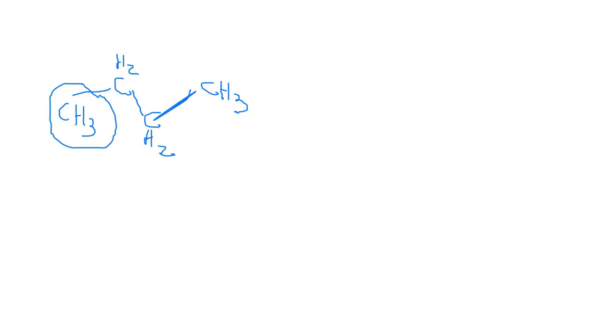Let me write this compound in a different way. Instead of writing CH3, remember that carbon has 4 bonds. 3 are bound to hydrogen, and the 4th bond is bound to another carbon.